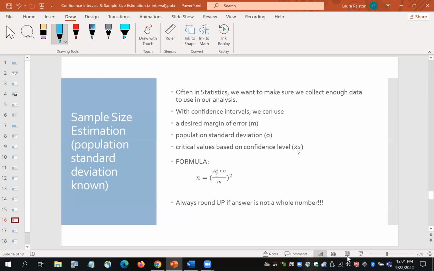To ensure that we are within that confidence level, we always round up if the answer is not a whole number. So if you get a decimal number, you're always going to round up. Having one extra is better than not having enough.